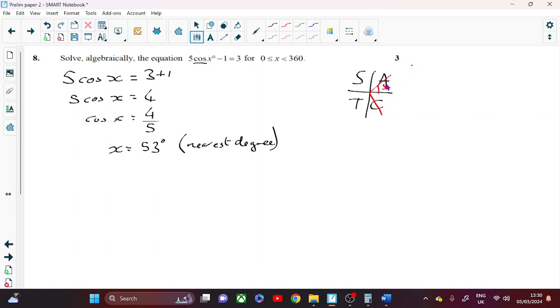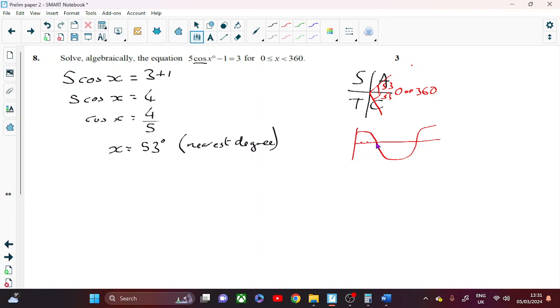So if that's 53, then it's coming back 53 from our 0 or our 360 if you prefer. The alternative is to look at it that way. 53 is here. Actually, it's about here.